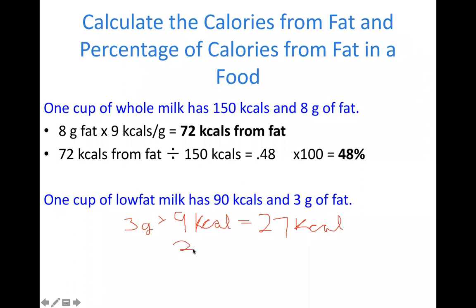And then we're going to take 27 and divide that by 90 total calories. And we're going to get 0.3, and we multiply that by 100 to convert to the percent, and we get 30% of the calories from fat in this low-fat milk. So if you want to be consuming fewer of your calories from fat, you can pick low-fat products.